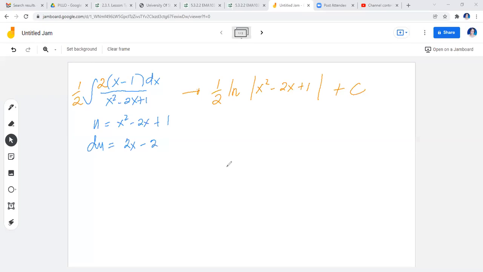Why did you have the ln of x minus 1? How did you get it? The factorable is 2x squared minus 2x plus 1.